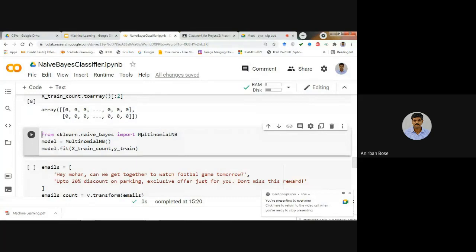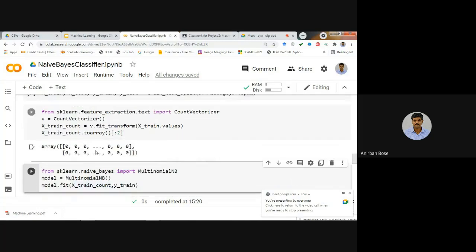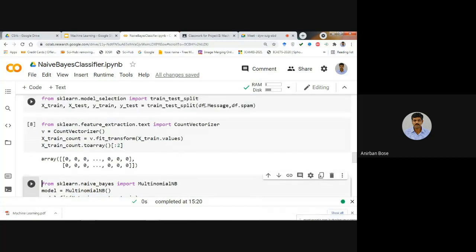Just import MultinomialNB from sklearn.naive_bayes, and then write model equals MultinomialNB, and using the fit method you just fit your X_train_count. Remember, X_train_count, that is the numeric matrix values, not X_train data, because X_train, remember, in the message it is text data.